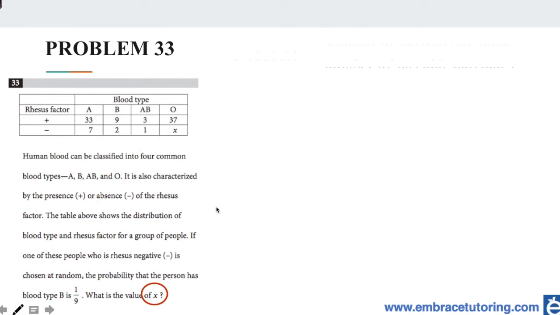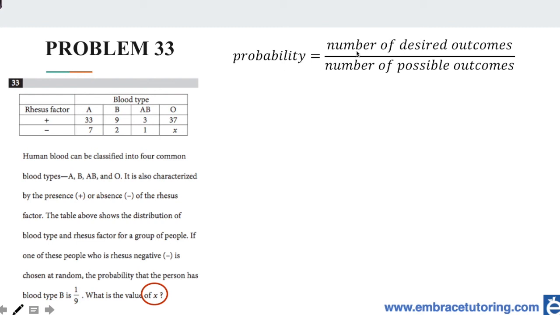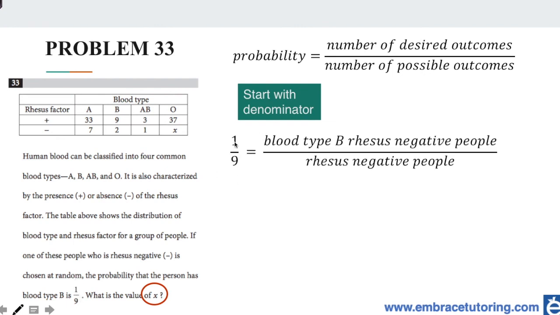As we're understanding probability, probability is the number of desired outcomes over the number of possible outcomes, and knowing that we generally want to start with the denominator, it says if one of these people who is rhesus negative is chosen at random, which means this is my smaller subgroup, so this is going to be my denominator, meaning all of the negative people will be my denominator. It does tell you that it's 1/9, so my overall probability is going to be 1/9. My denominator is going to be all of the rhesus negative people from all the different blood groups, and I want to know what is the probability that that person is going to be blood type B rhesus negative.